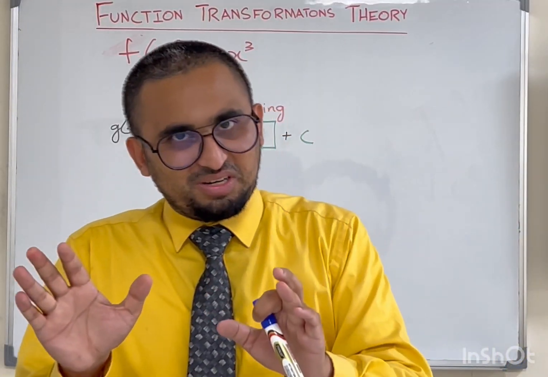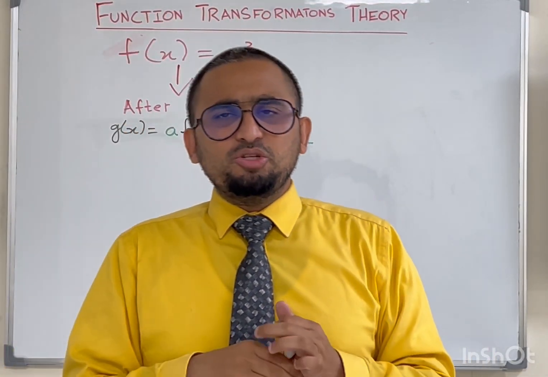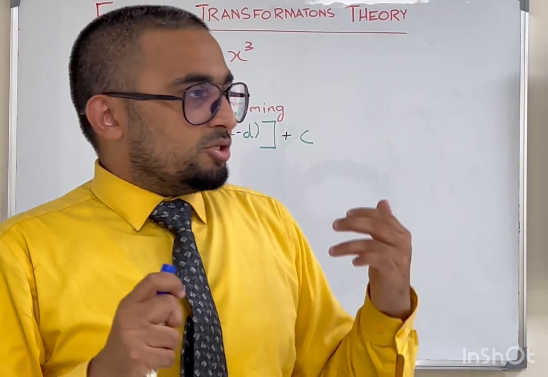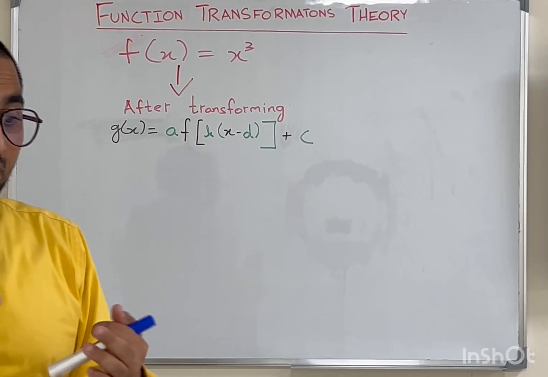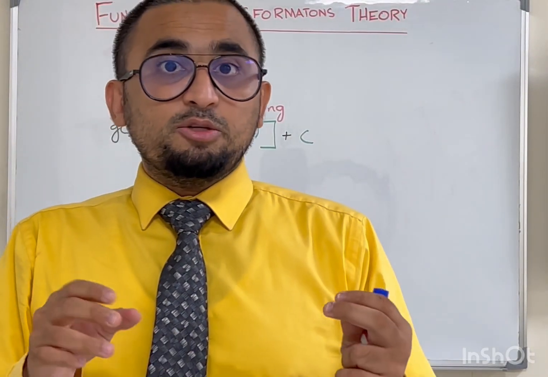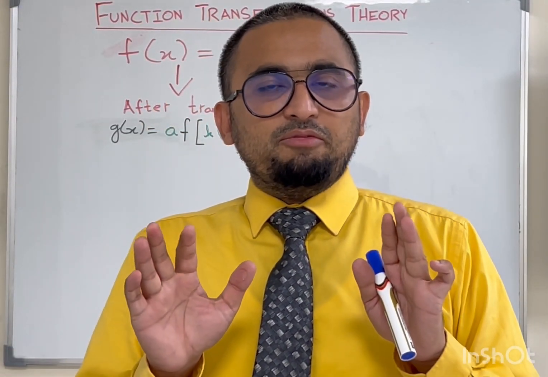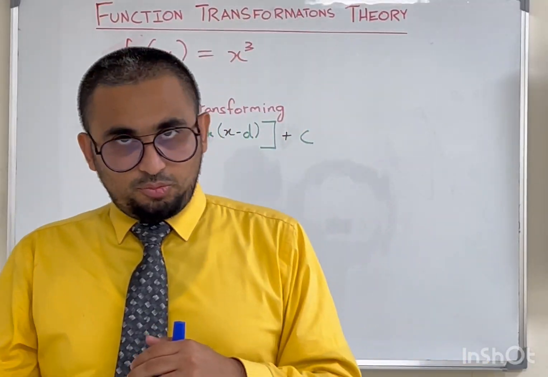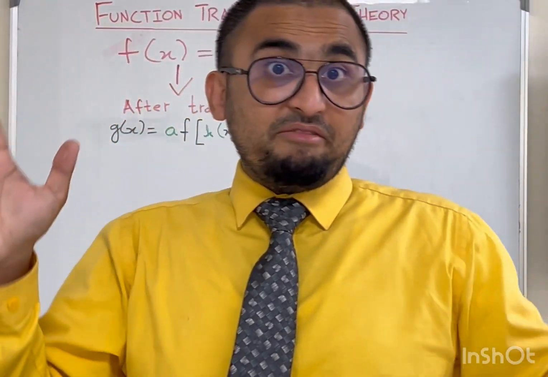They do not look completely identical, but they do have traits similar to their parents. So what do we mean by function transformations? The easiest way to explain is by using an example. But in today's video, I will focus only on the theory part, and in the next video, we're going to understand this graphically.